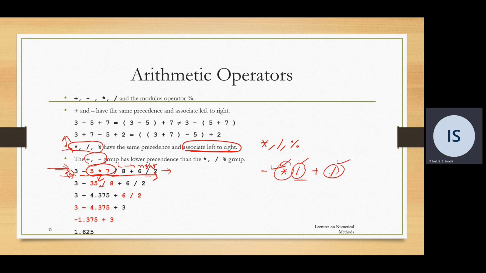So 35 divided by 8, we get this answer. Then 6 by 2 will be evaluated, we get 3. Now again minus and plus both have the same preference. But when we are moving from left to right, this is coming first. So first the difference of this is calculated, then 3 is added and we get the sum in this manner. So this is how an expression is evaluated.